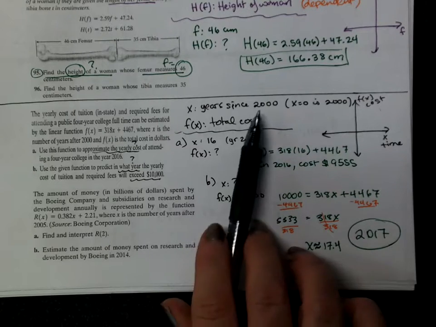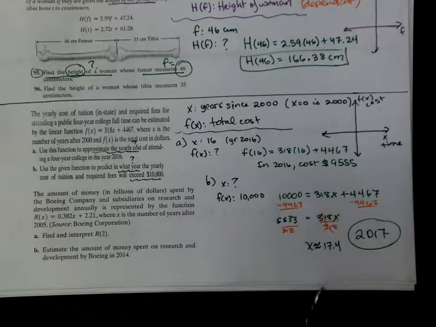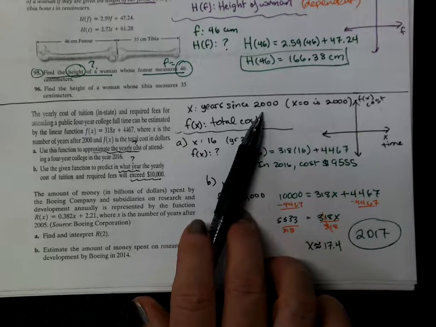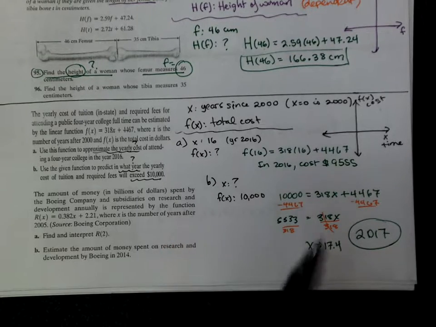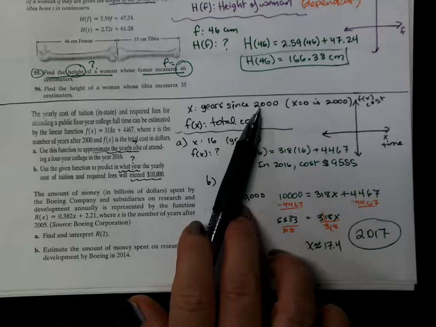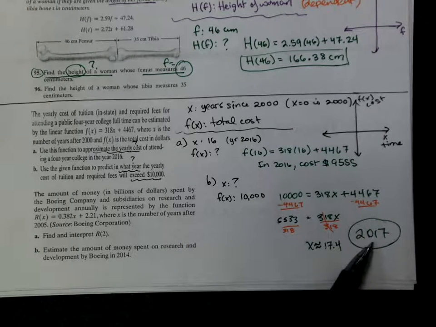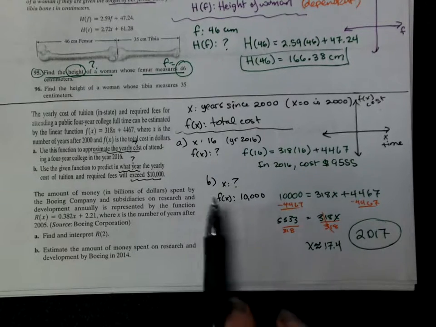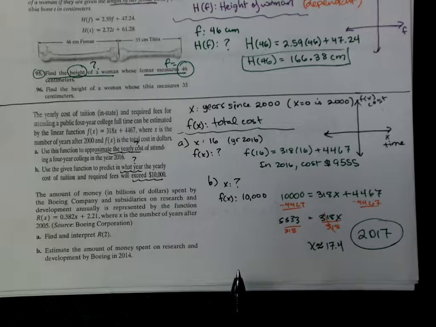So we can't use years for our x's. If our x is 17, that's 17 point something years since the year 2000. So we add whatever our x is to our starting year, and then sometime in the middle of that year is when the cost, so you might more technically say 2018, is when the costs have exceeded $10,000.